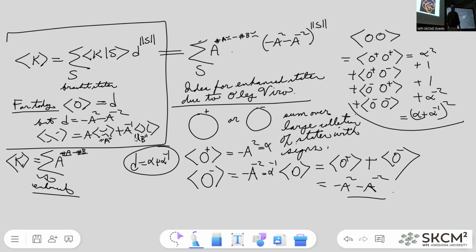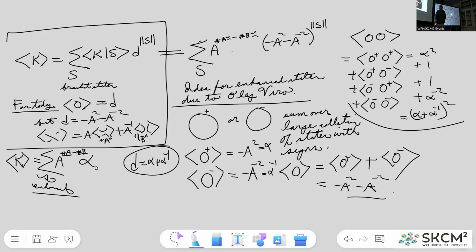But that's not all. Then I also, for each loop, I either get alpha or alpha inverse. So I get times alpha to, and I left out the signs completely this way. That's good. Now, the signs are coming from the alphas.